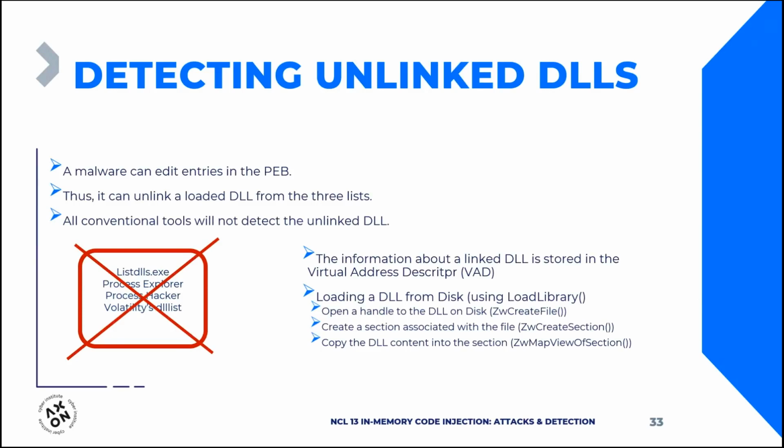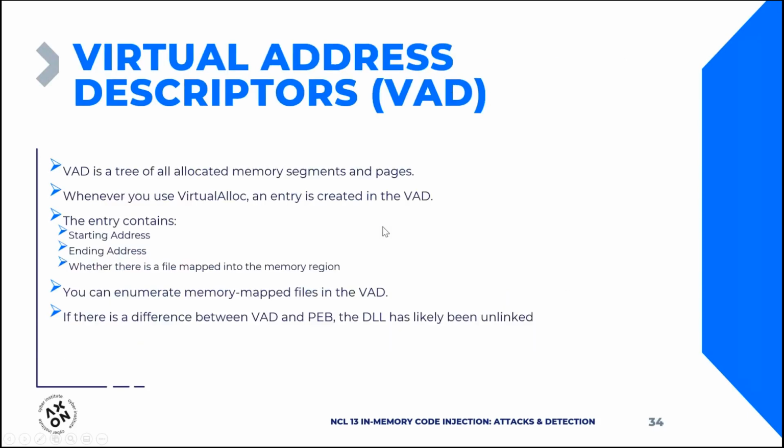And the VAD, we'll talk about it in a while, contains, every time you load a DLL inside a memory segment, that memory segment is registered in the VAD along with any file that is associated with it. So the virtual address descriptor is like a tree, okay? And the nodes of this tree contain information about allocated memory segments.